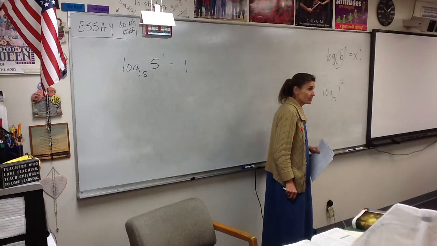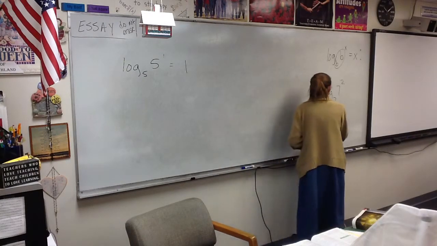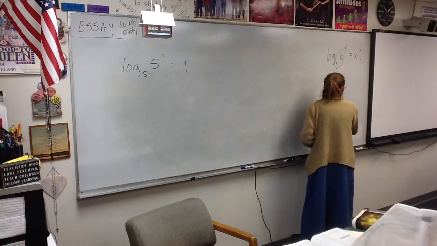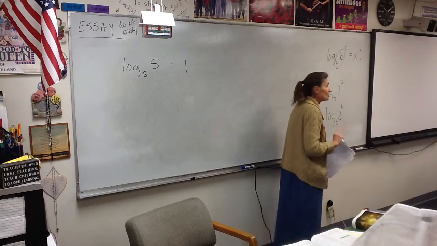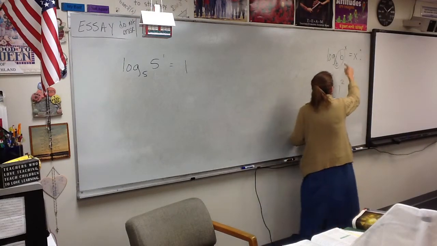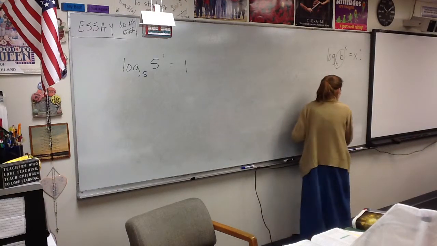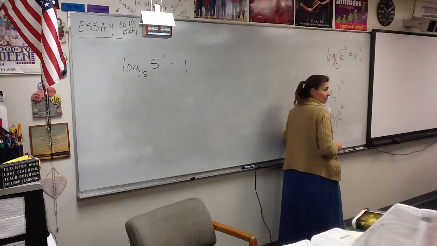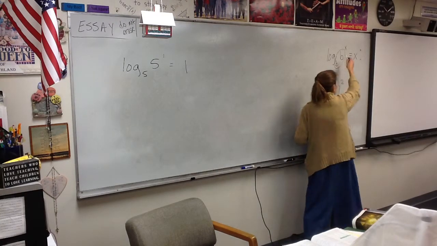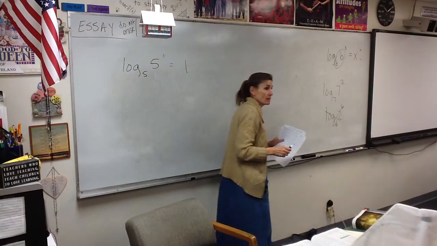Okay? Now, don't get tricked. The log base 6 of 2 to the 6th is not 2. The property only works if these two numbers match. Got it? So we can't do that one. But as long as these two match, the answer is the exponent.